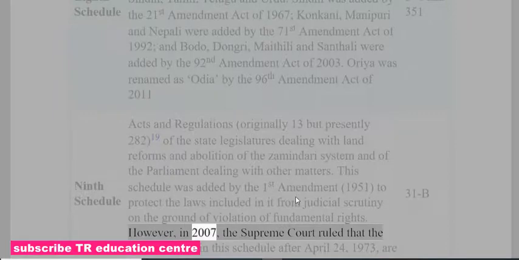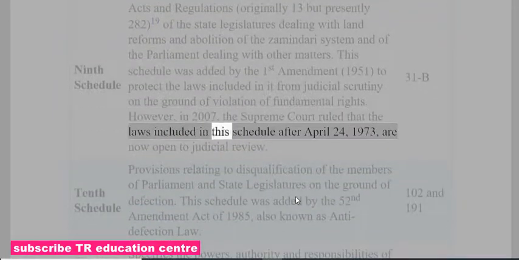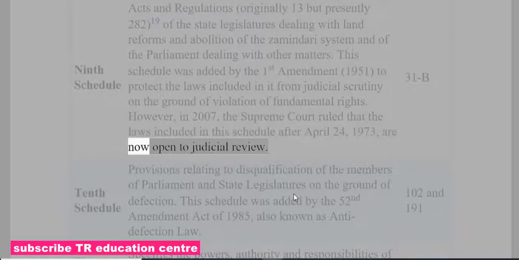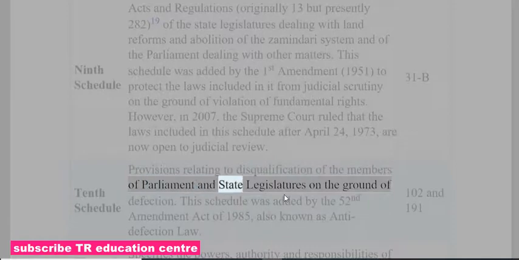However, in 2007, the Supreme Court ruled that the laws included in this schedule after 24 April 1973 are now open to judicial review.